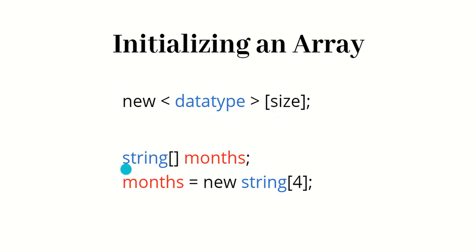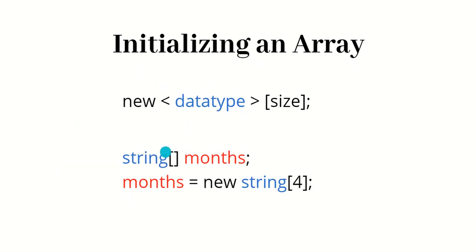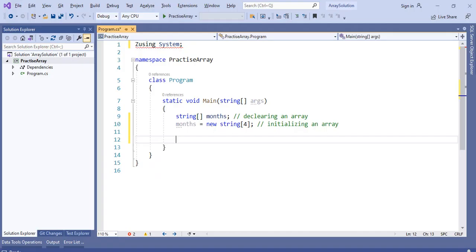In the example, previously we declared an array, and this is the declaration. For initializing we use new string, with the size of the array as 4. Now you can see I typed the initialization of the array.